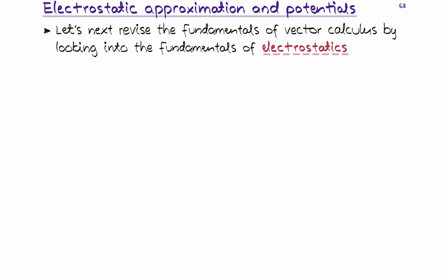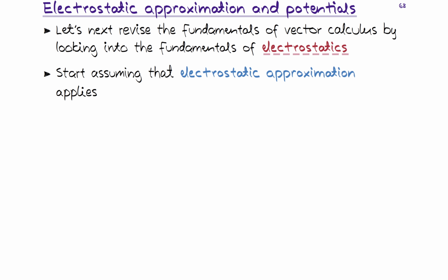And please note that in electrostatics, we do not really have propagating electromagnetic fields, so no light is propagating inside our system, but rather the electrostatic approximation holds. So we have static fields. So we have a static electric field, and we may have a static magnetic field in the case where the magnetostatic approximation holds. And here, to get started, we assume that the electrostatic approximation applies.